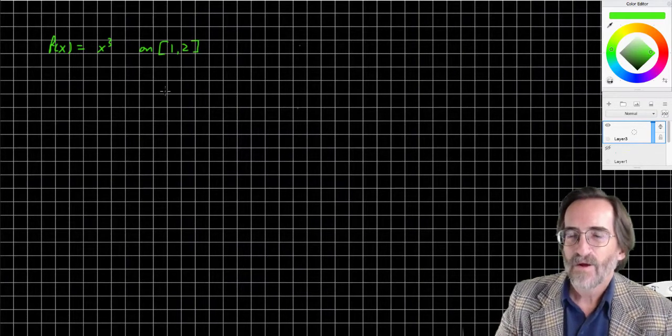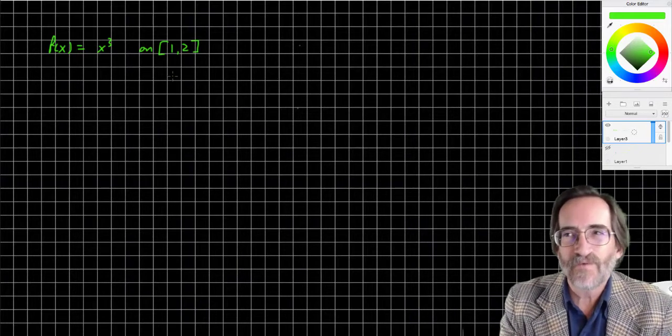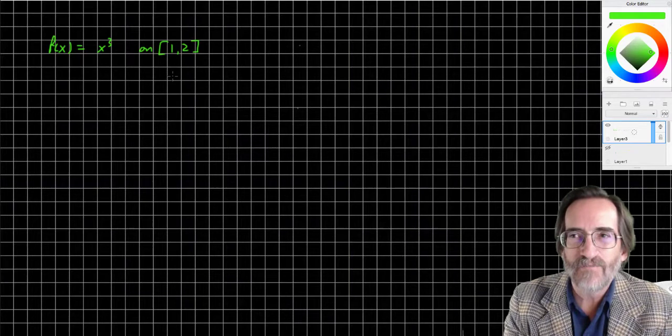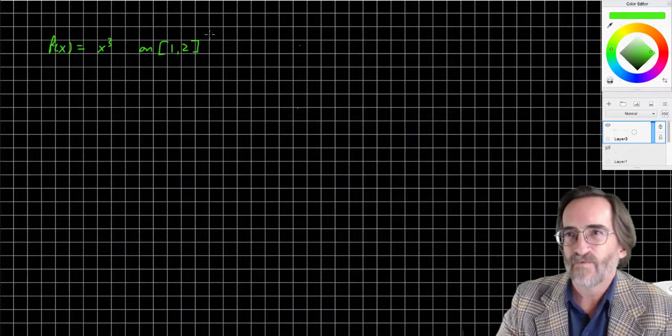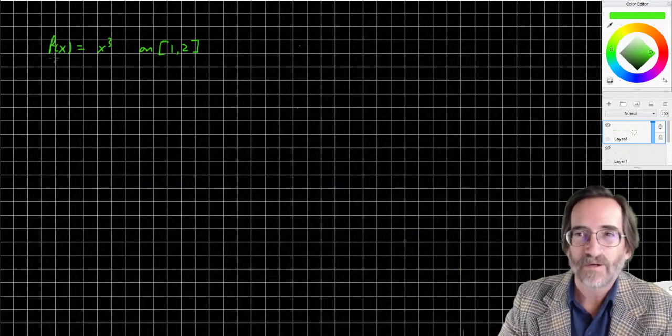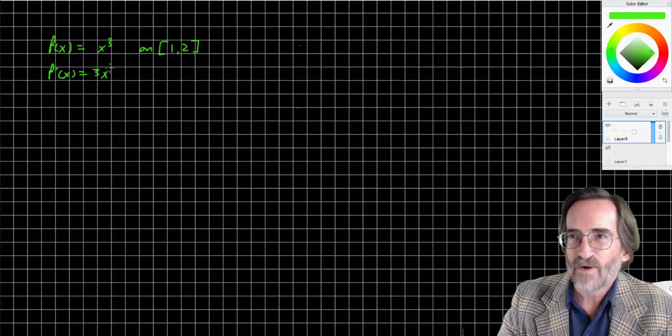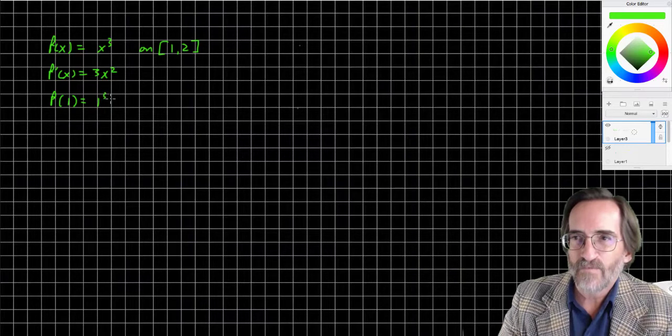We might ask, what is the value on the interval 1 to 2 that is guaranteed by the Mean Value Theorem for f of x equals x cubed? First of all, I'm going to find f prime of x, 3x squared. I'm going to find f of 1, that's 1 cubed. I'm going to find f of 2, that's 2 cubed, or 8.